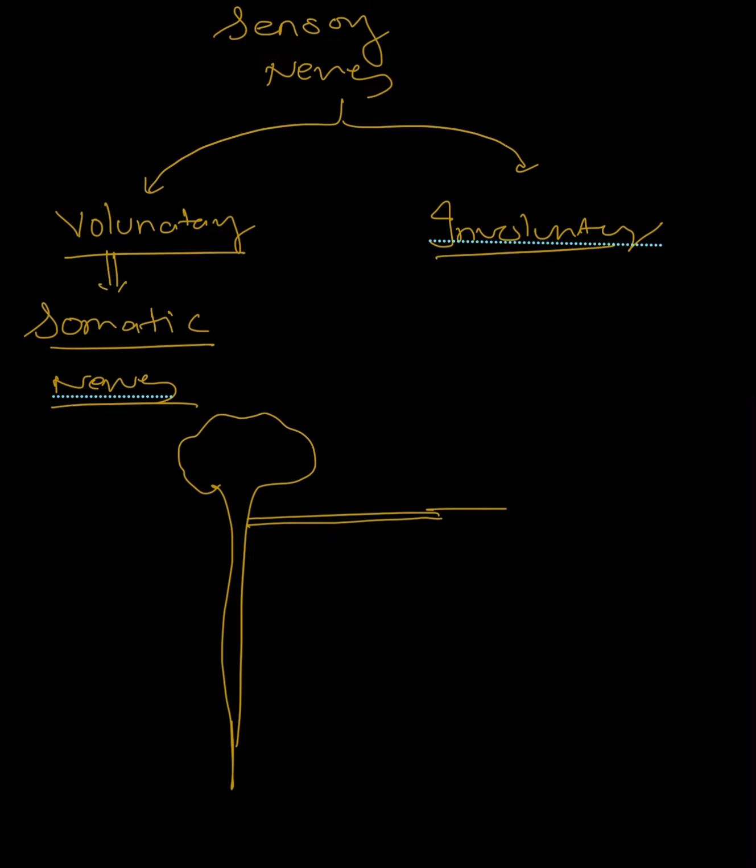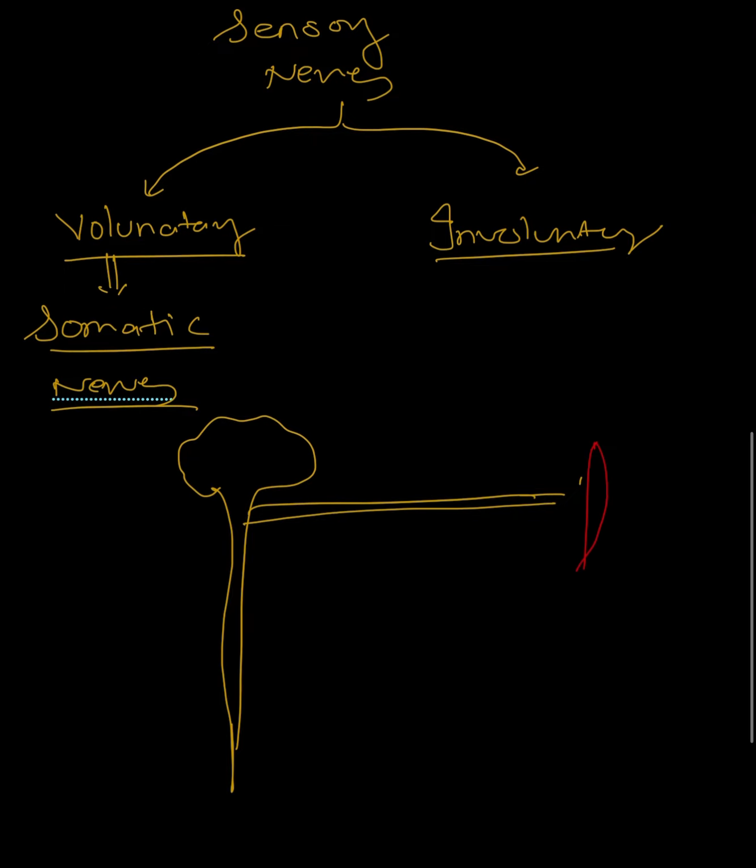There is no ganglion present, and they go directly into the effector skeletal muscles, which are the voluntary type of muscles. So this is the skeletal muscle and this is the somatic nerve, and the neurotransmitter released here is acetylcholine.